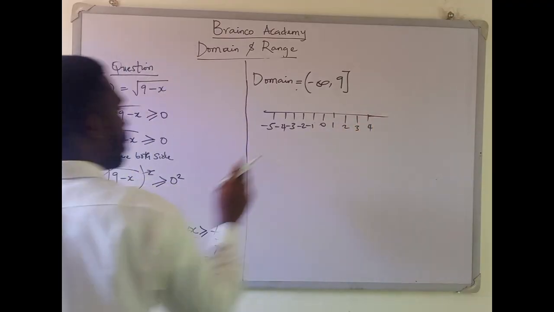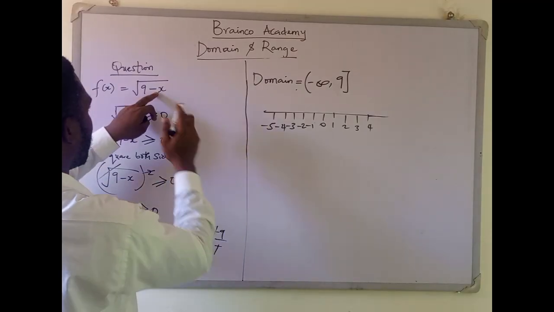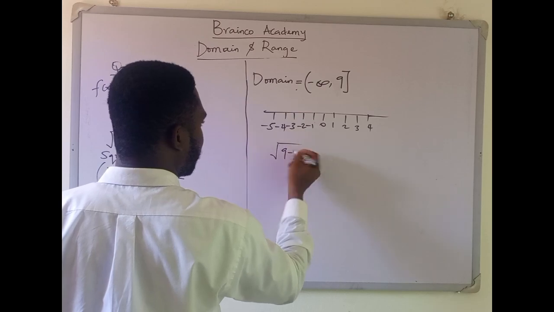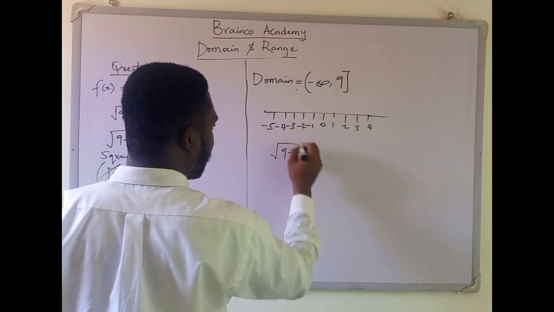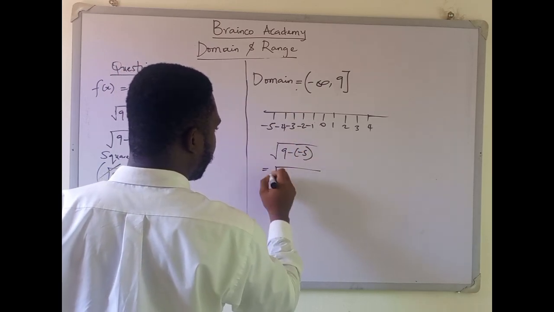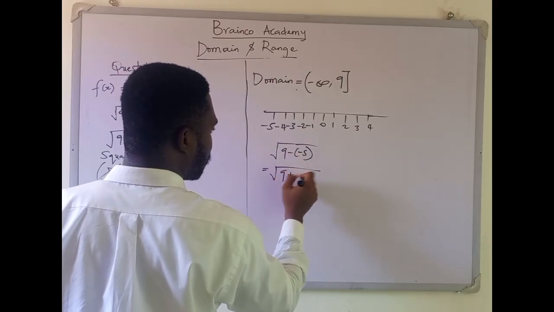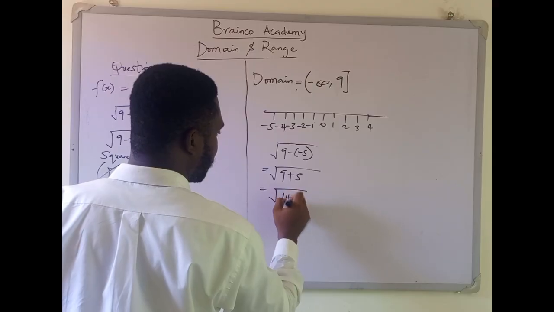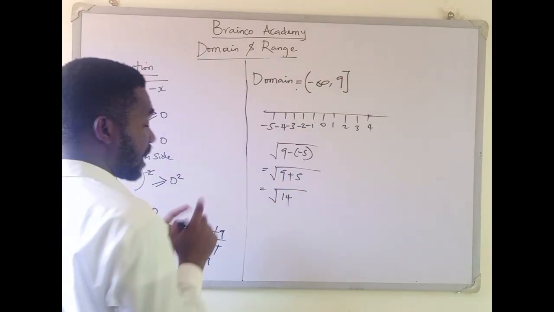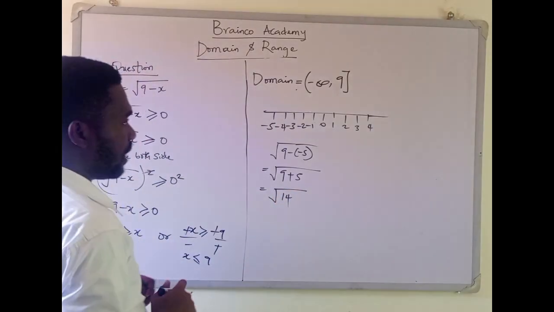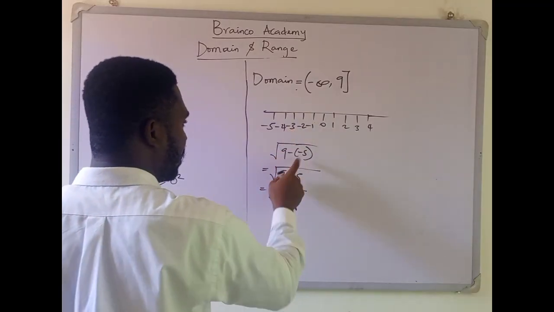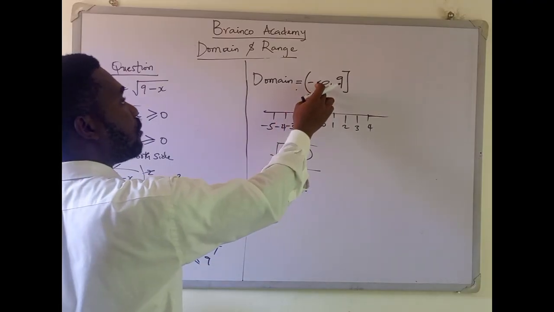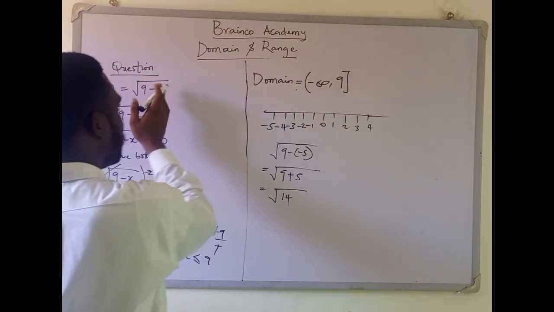If we try minus 5 here, we have the square root of 9 minus minus 5, which is 9 plus 5, that is 14, and if you put the square root of 14 on the calculator, you have a well-defined value. If you try another number, minus 3, it will still give you the same thing. That means any number from negative infinity will give you this function defined.